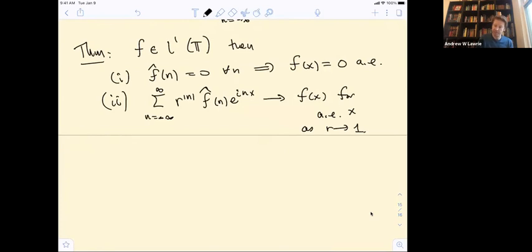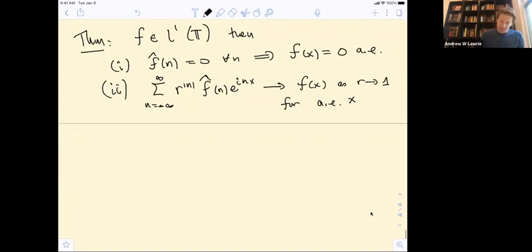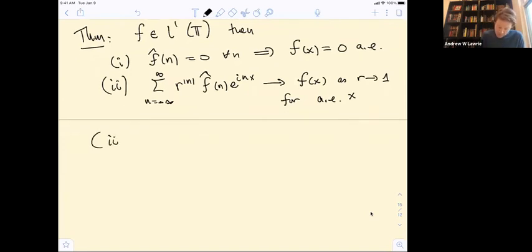So two is almost everywhere Abel summability.